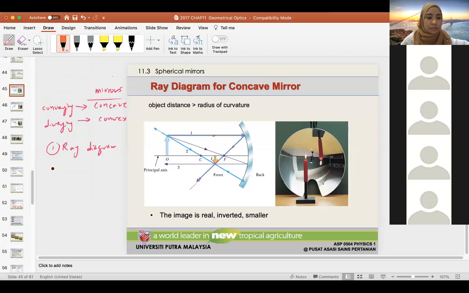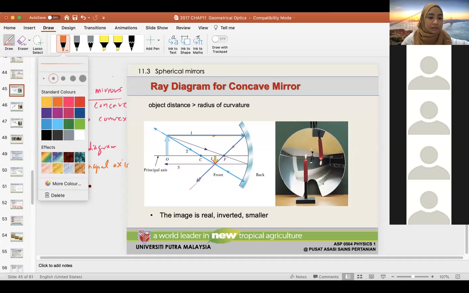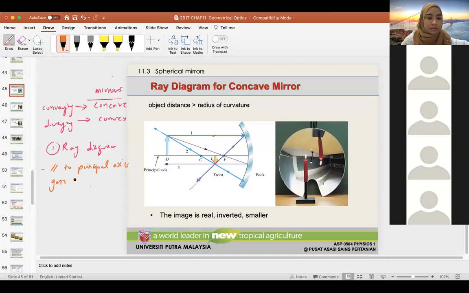The first one was parallel to the principal axis, then hits the boundary and gets reflected into the focal point, into F. Okay, so that is your first one.